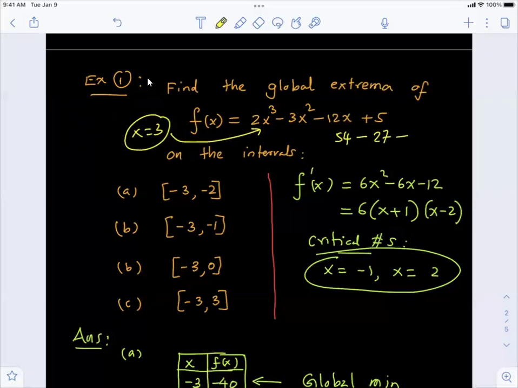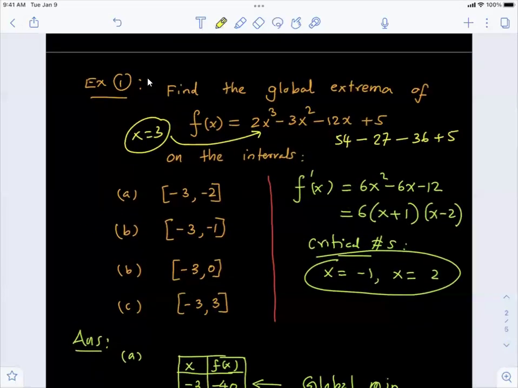And then minus, now when you plug in 3, you're going to get 36 and then plus 5. And now simplify. Here you can see it turns out to be positive 27 and then positive 27 plus 5. That's going to be positive 32 and then minus 36 will result to negative 4 at the end.